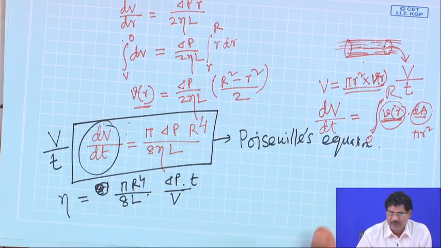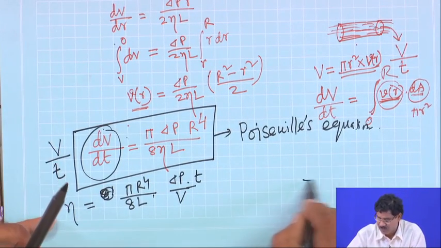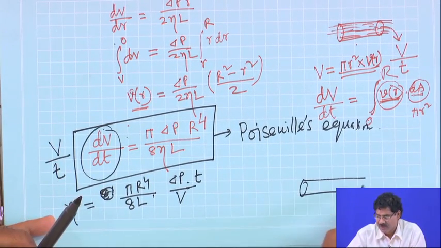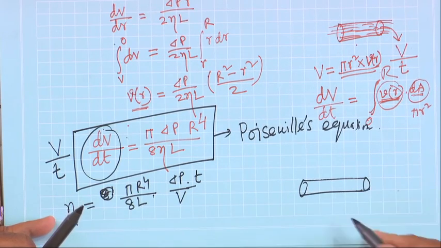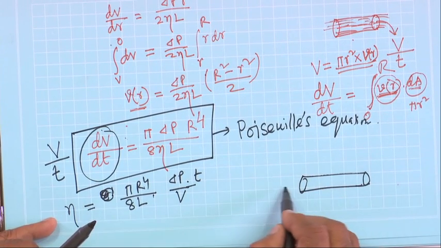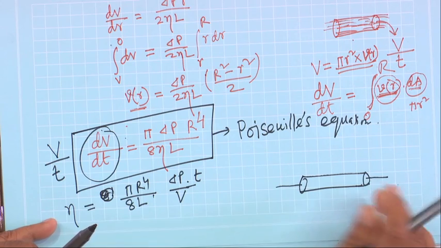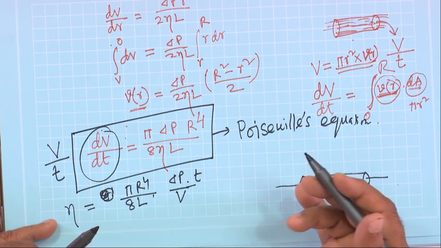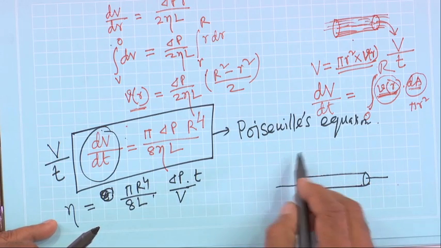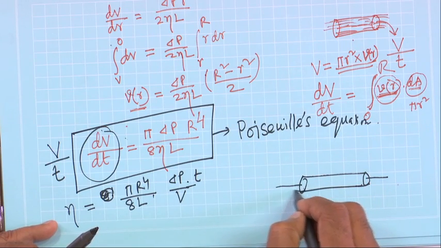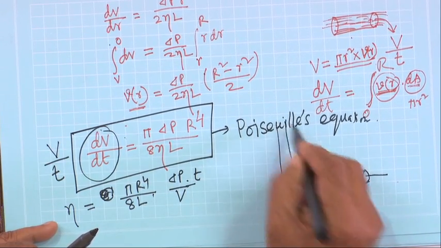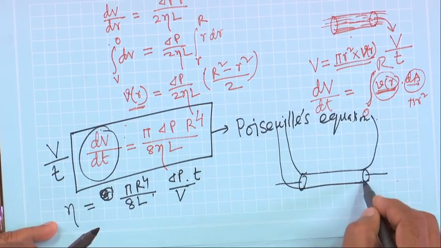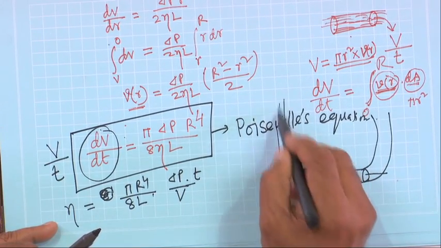In the laboratory, we have to take a tube. Now, we have to make an arrangement to create a pressure difference. Generally we use a manometer to make the pressure difference between these two ends.